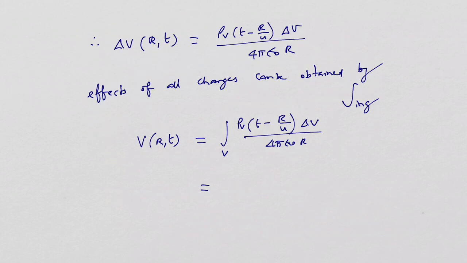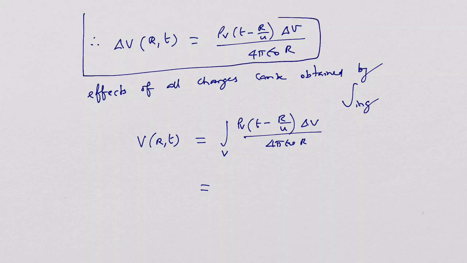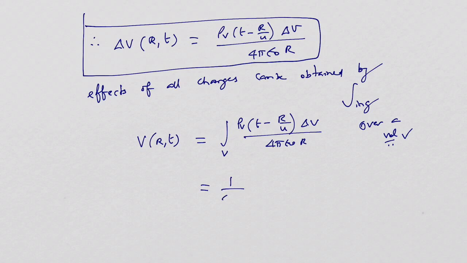So del V of r comma t is equal to rho v of t minus r by u into del v divided by 4 pi epsilon naught r. When you consider the effects of all charges by integrating this equation over a volume, V of r comma t is equal to 1 by 4 pi epsilon naught into the volume integral of rho v of t minus r by u into del v divided by r.